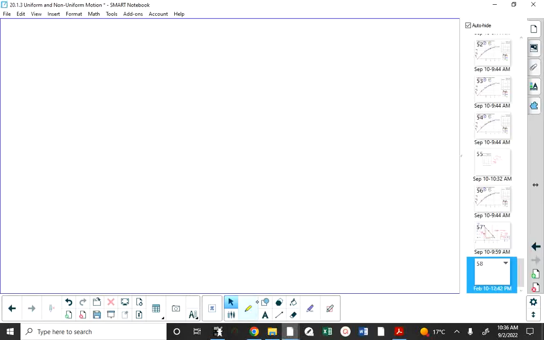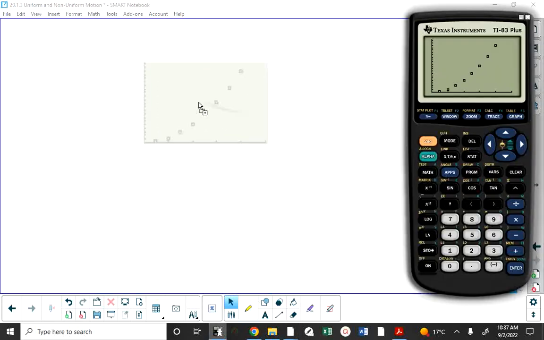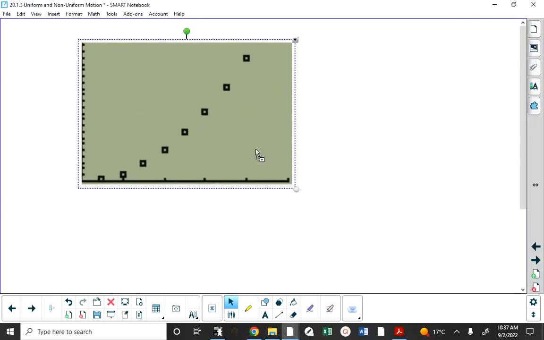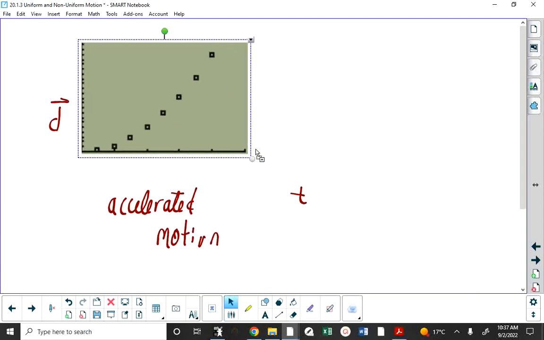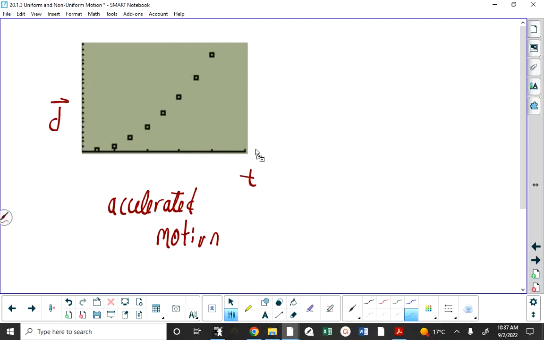Before we go on, I just want to save that, because I might refer to it later. So this is the position graph, and it shows accelerated motion. If we want a velocity graph, then we need to get some velocities from this.